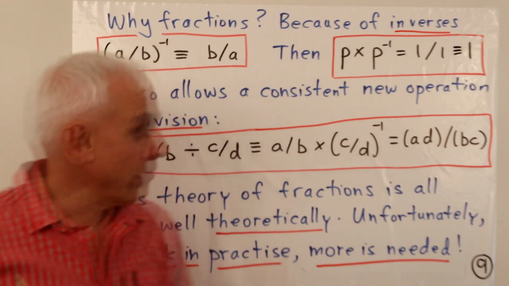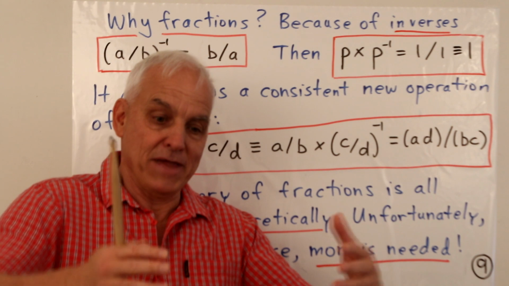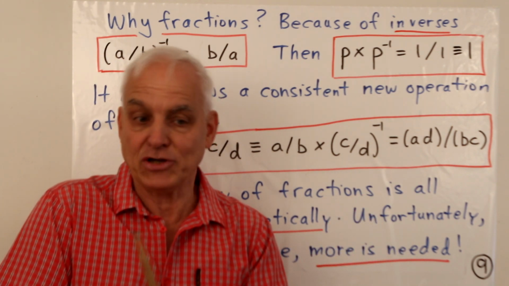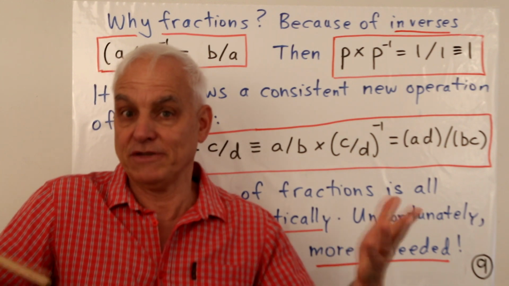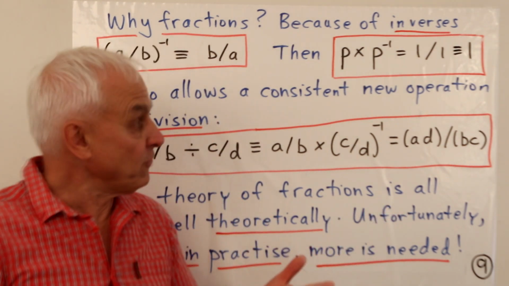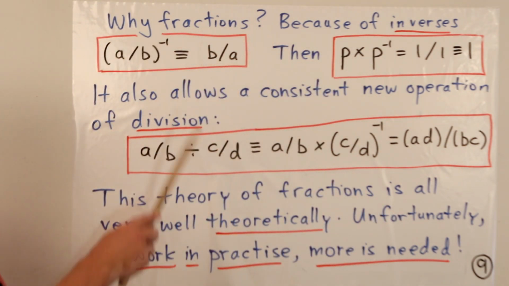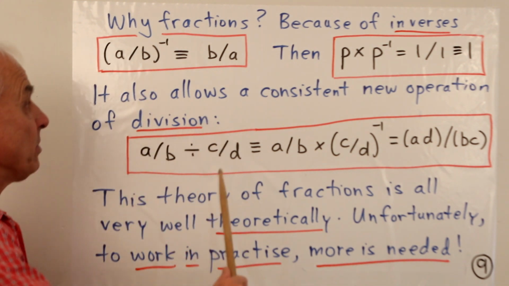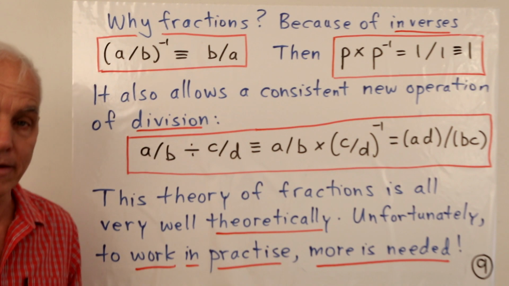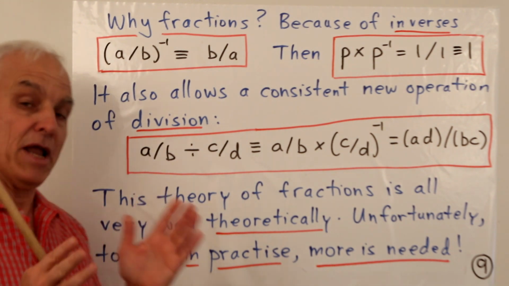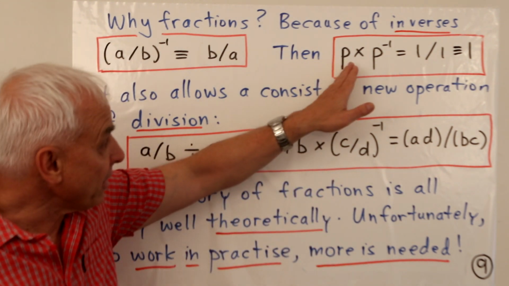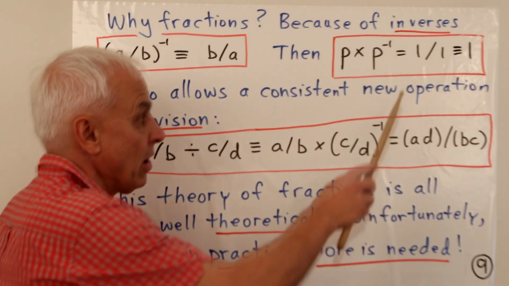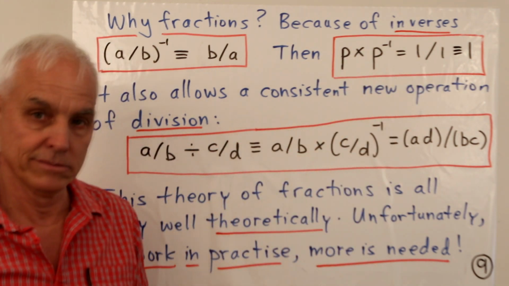Okay, so we definitely want to include this now in our framework for fraction arithmetic. So let's introduce division. Okay, and a nice way of doing that is to start with inverses. The inverse of a fraction a over b can be defined to be just the fraction b over a. Then you have the nice property that when you multiply a fraction p by its inverse, you get the fraction 1 over 1.